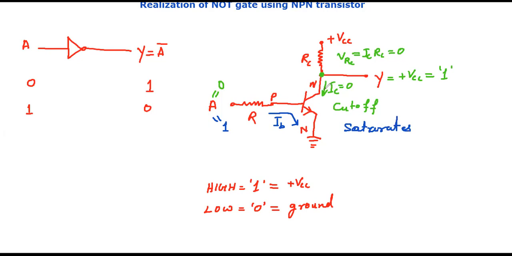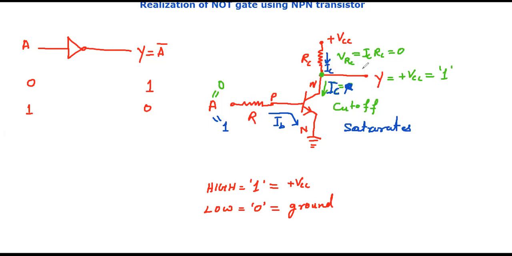Whenever transistor saturates, the transistor conducts. So now there will be current flow through the transistor, IC. Now IC is not equal to 0. Now if there is current flow, that means there is a current IC through the resistance RC.